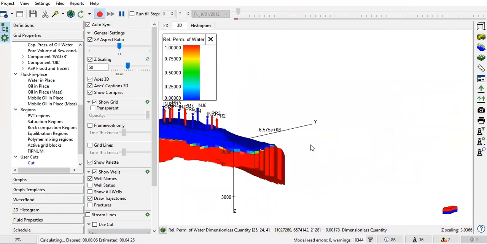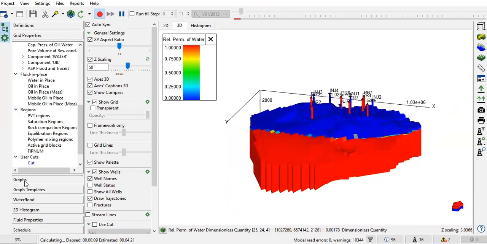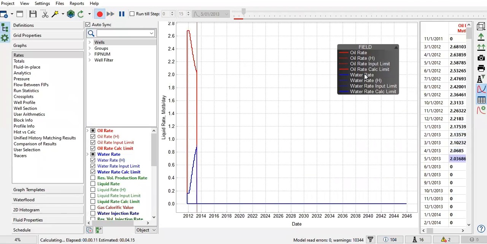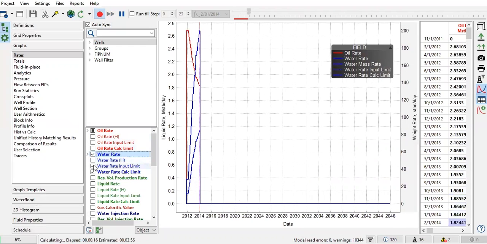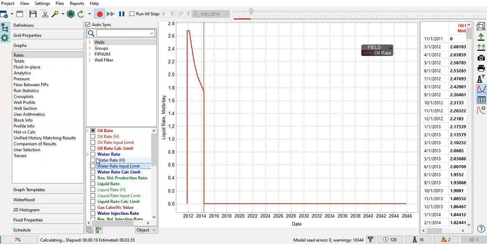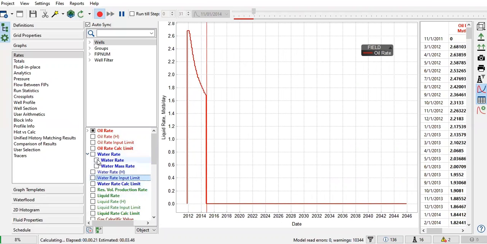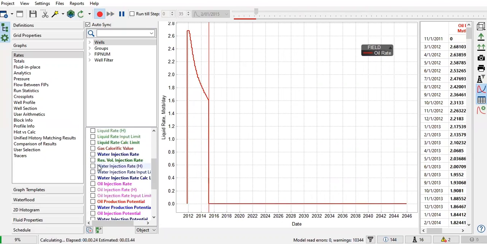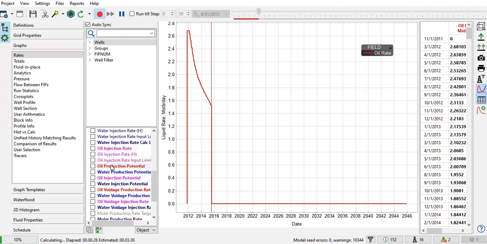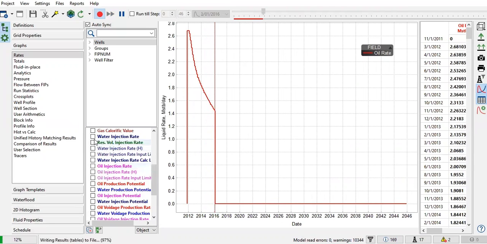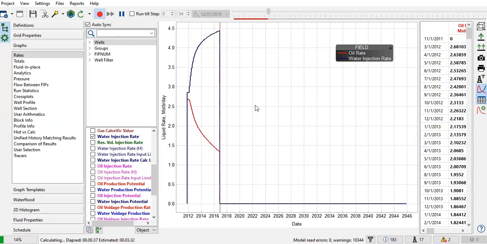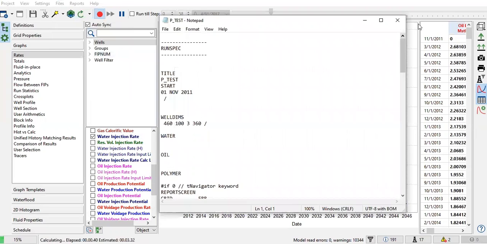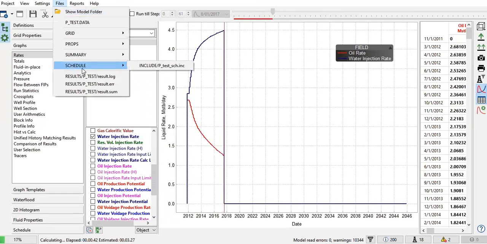We can see here graphs, the oil profile, water profile, or maybe I don't know, I'm not interested in water profile, but instead let's see the injection profile. Okay, here. So for the injector, basically, let's check the schedule.